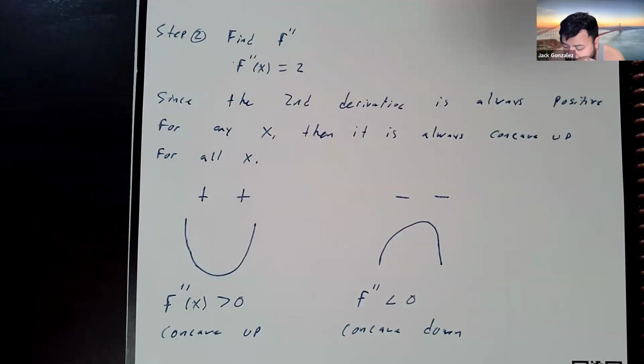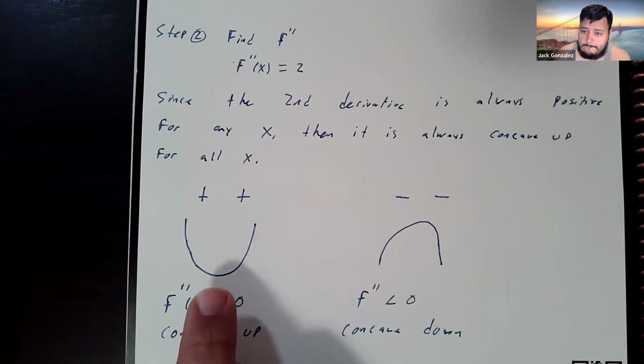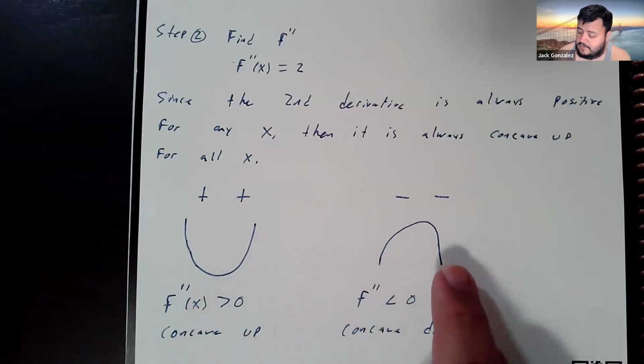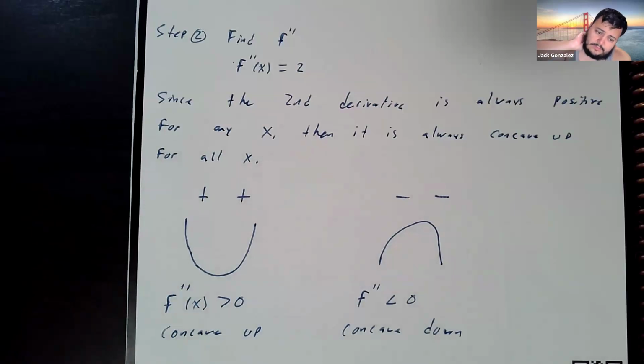So if we have concave up at a critical number, that will also tell us that we have a minimum, right? If you have concave down at a critical number, then that's a maximum. So that's where we're going to use the second derivative in just a moment.